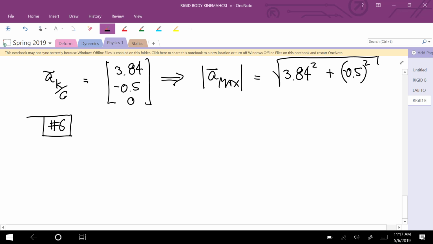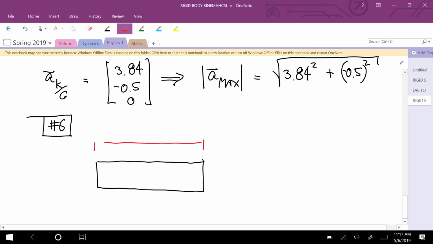Okay, so the rectangular object shown below has a mass of 5 kilograms, a length of 1 meter, and a width of 0.25 meters.